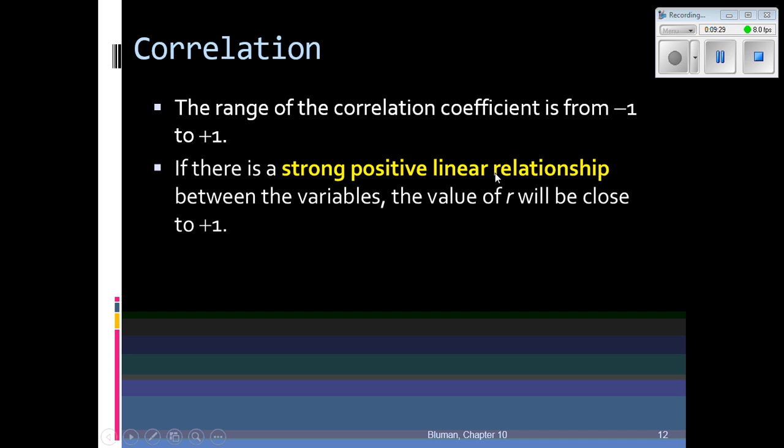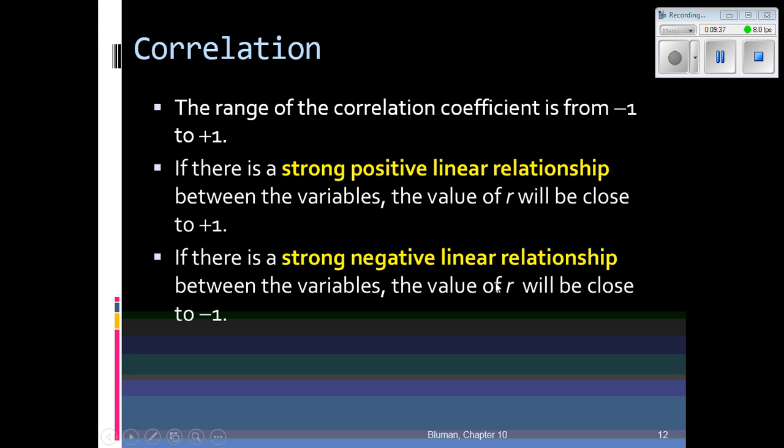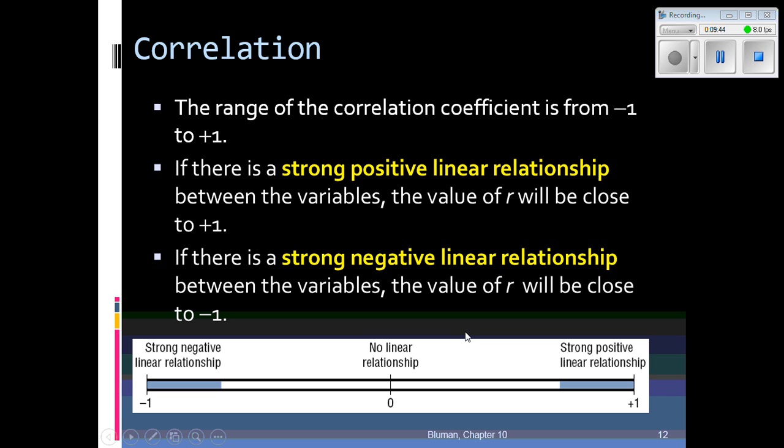If there's a strong positive linear relationship, and we'll talk about what that means, your R value will be close to +1. If it's a strong negative linear relationship, your value for R will be close to -1. The closer you get to 0, the closer to no relationship you have.